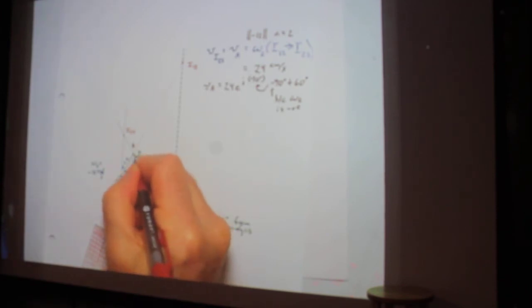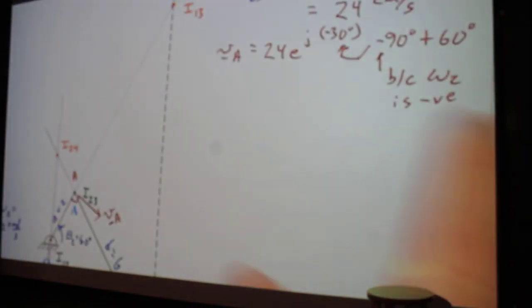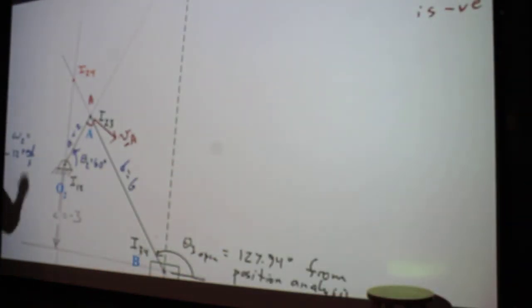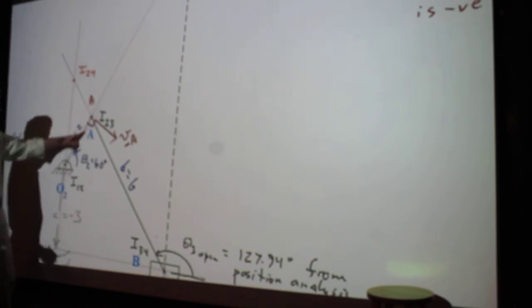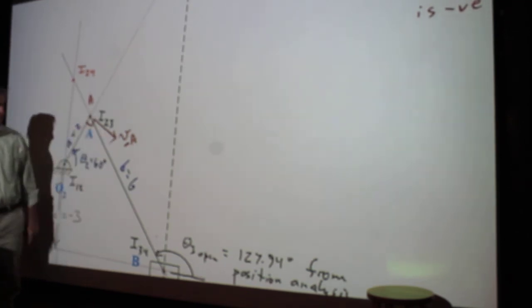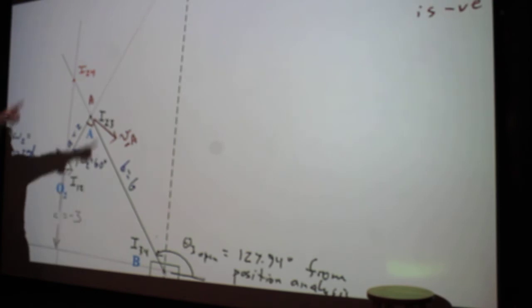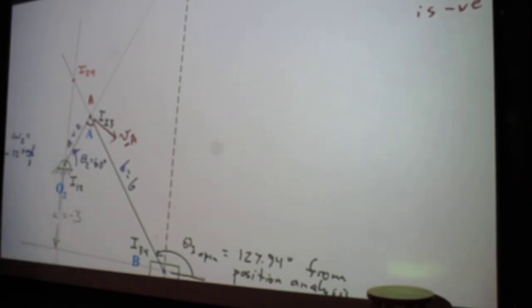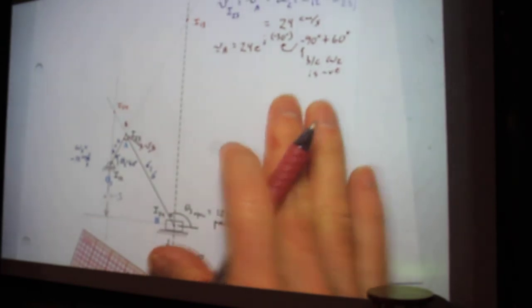Okay. Perpendicular to this line right here is the velocity of A, which is 24 e to the j minus 30. So now, let me go ahead and take this information.